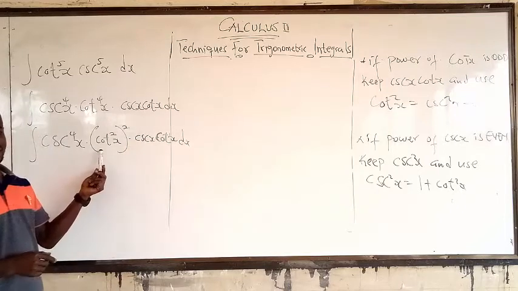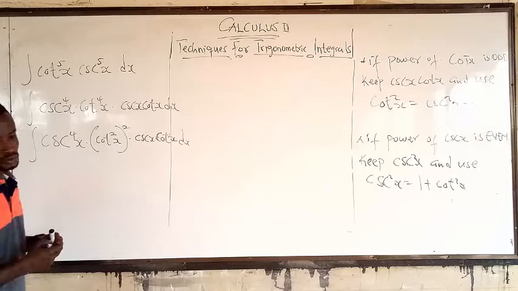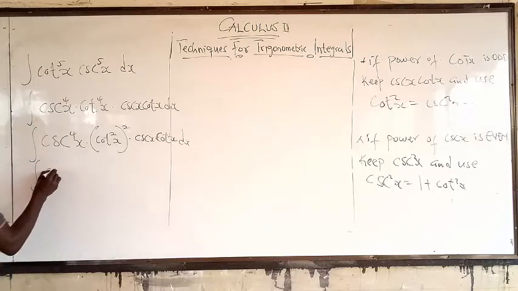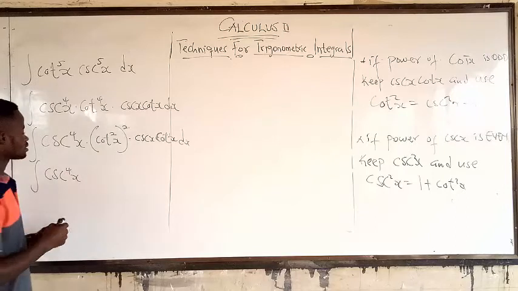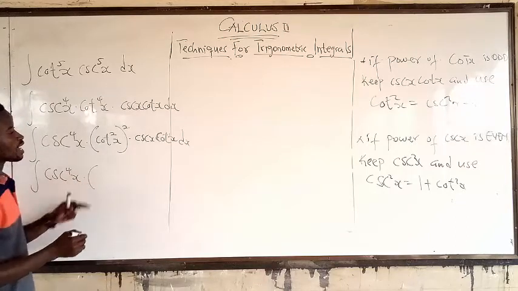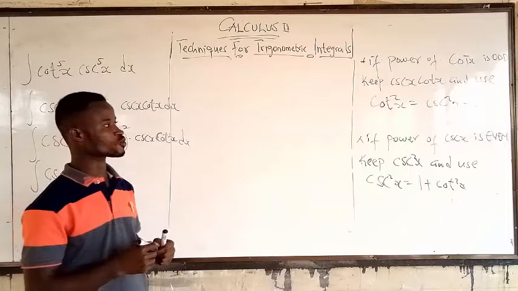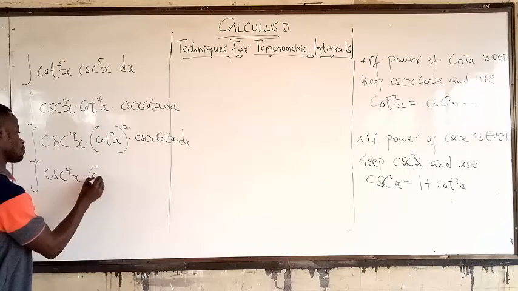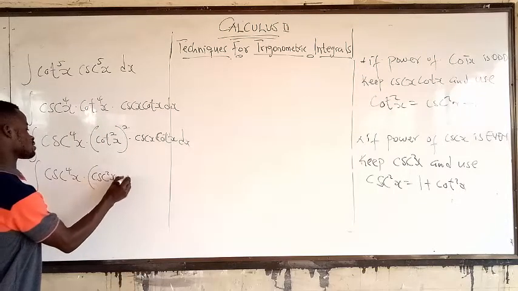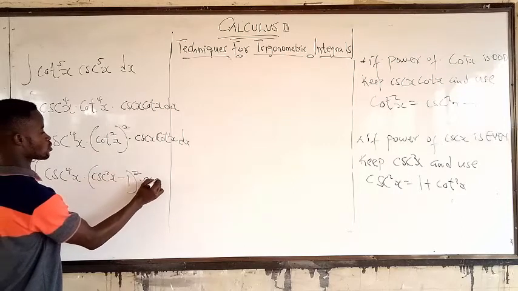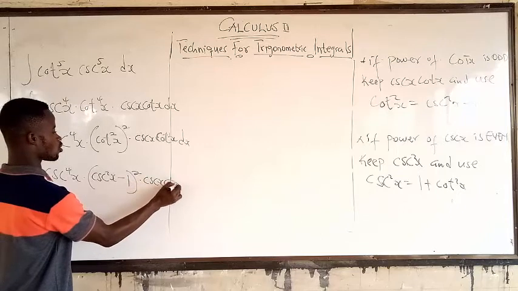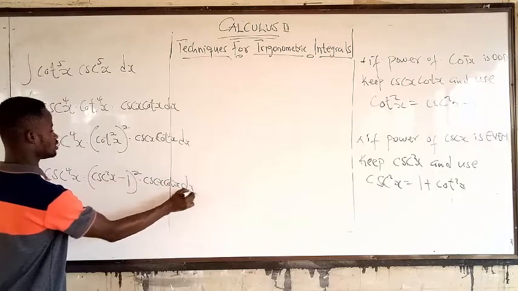Now, with the identity, we are going to get cosec to the power 4 x. Then we know that cot squared is cosec squared x minus 1, all squared, times cosec x cot x dx.